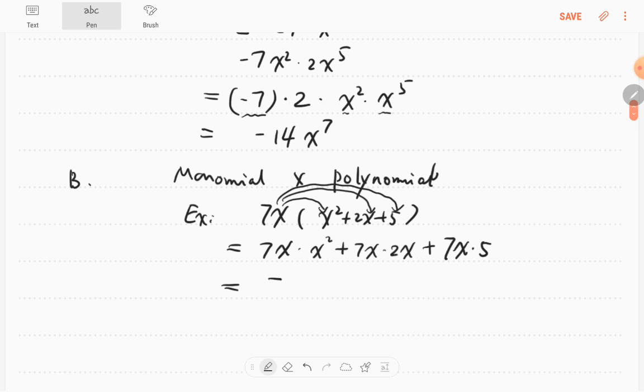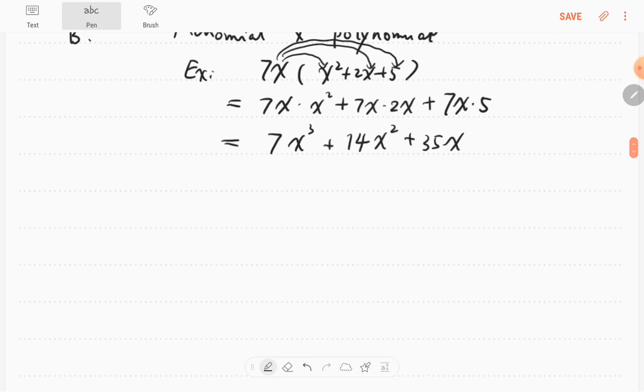After that, we just do the multiplication with monomial, right? And we only use constant times constant, then combine these two. So this will be the answer.